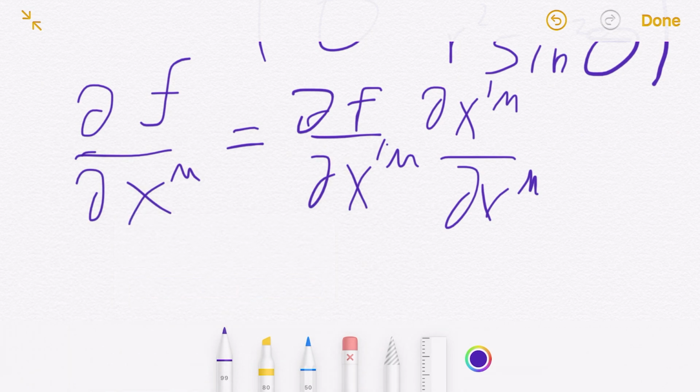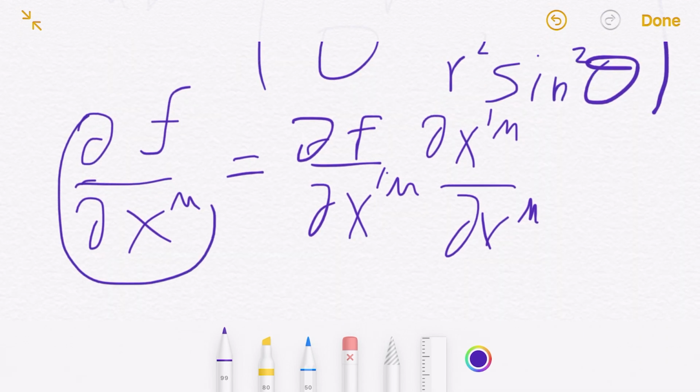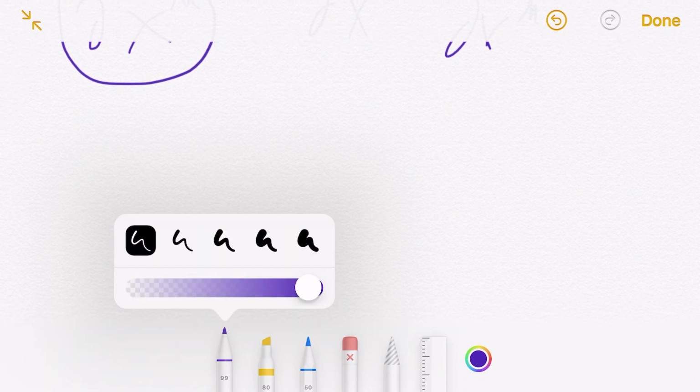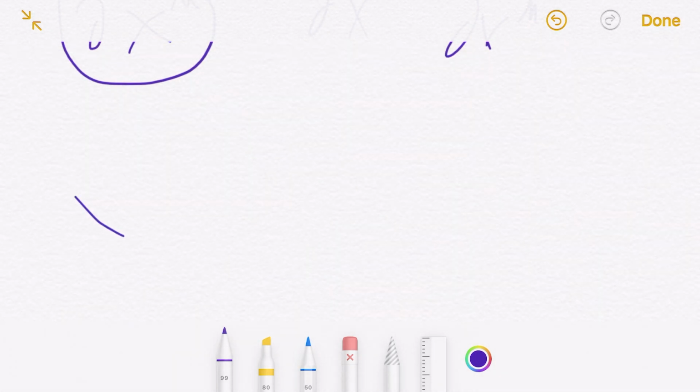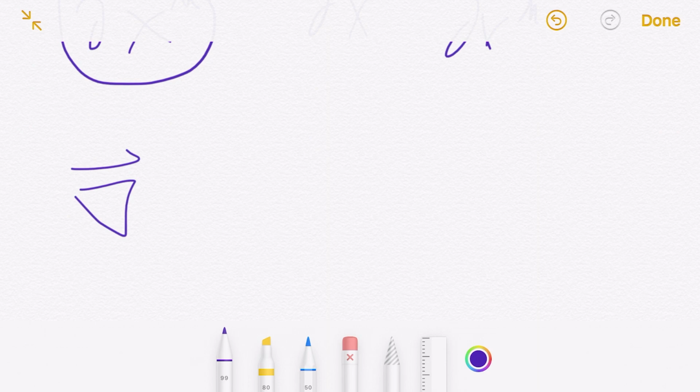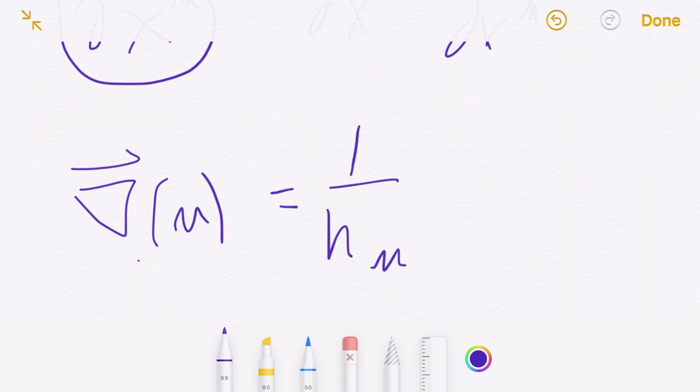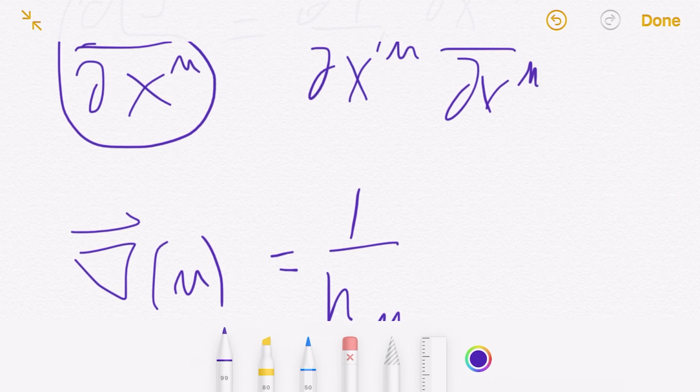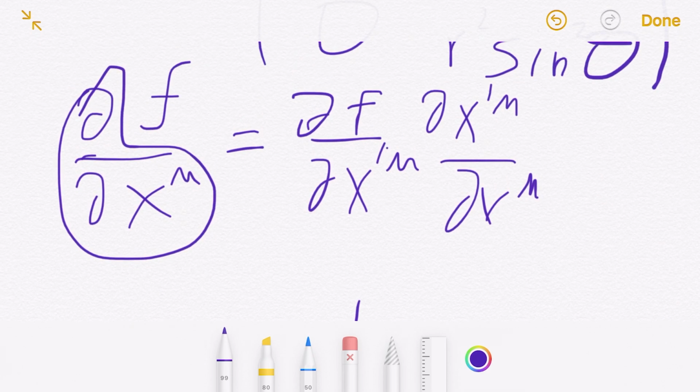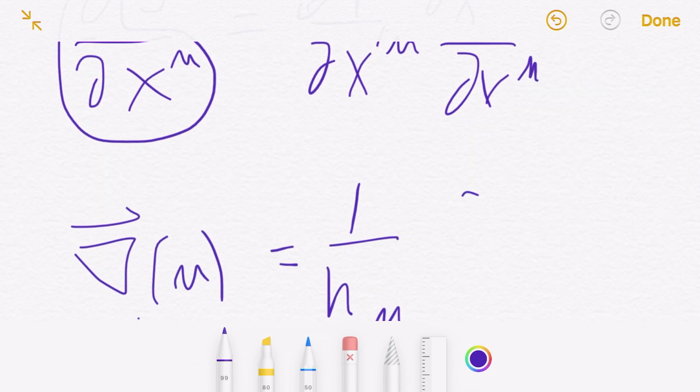Since this operator transforms as a covariant vector, we know that the del operator is the normal operator with the normalized basis vectors. All we have to do is get the mu component: take 1 over h mu of the component of the covariant vector d over dx mu.